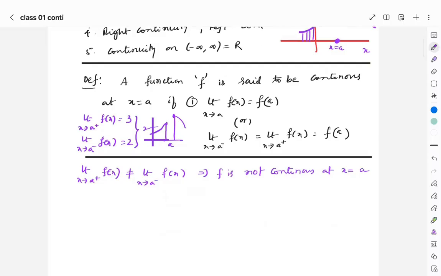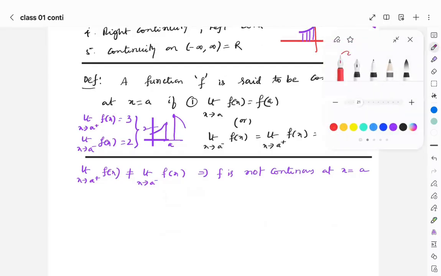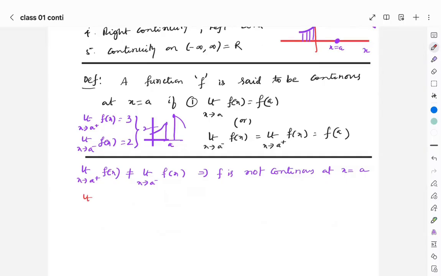Sometimes it happens that the one-sided limits are equal. A plus is the one-sided right limit, this is the left limit. Still, the function need not be continuous.